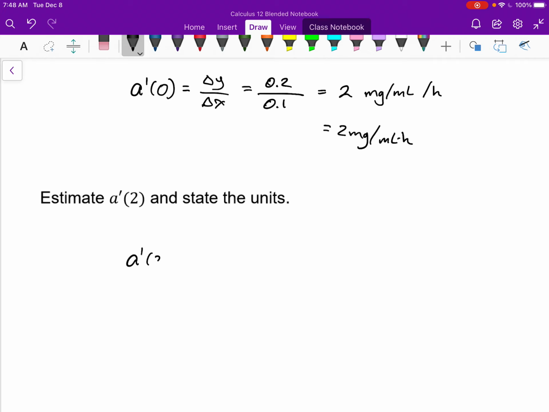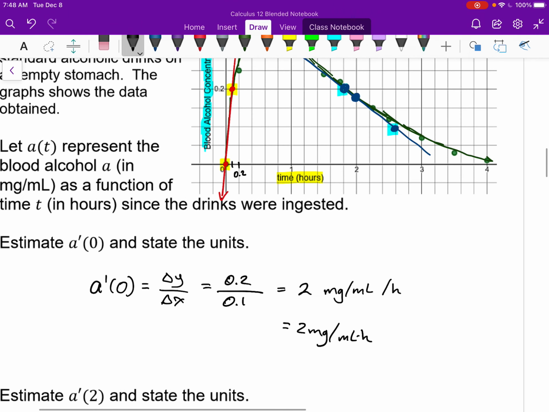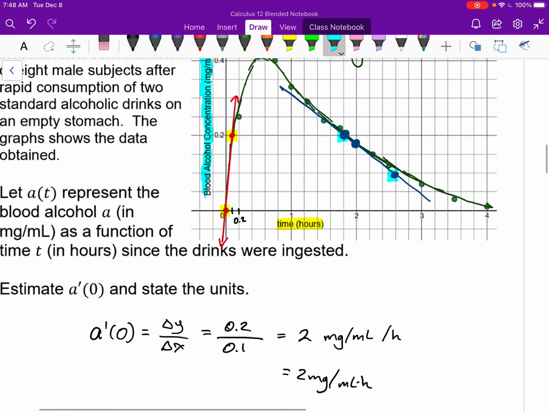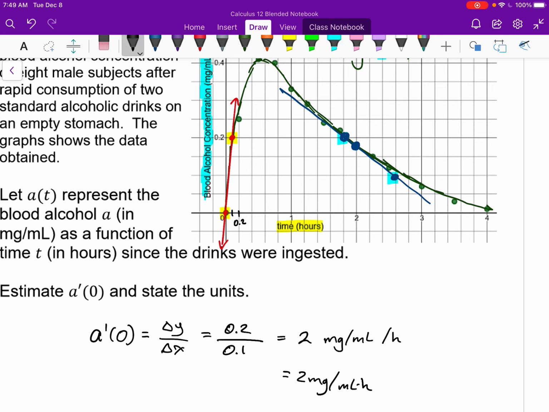So a prime at 2, again, is change in y over change in x. For these 2 points, that change in y looks to be about 0.1. If I'm looking at this right, yeah, roughly 0.1. And the change in x here, this is 1.8, this is 2.6, so 0.8.